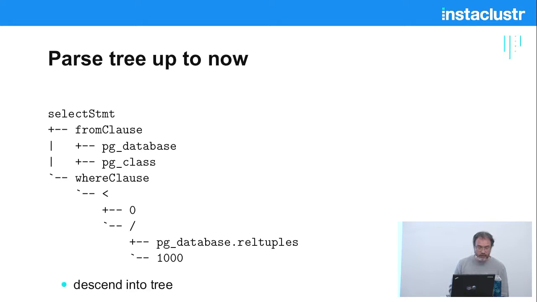At that point, the parse tree looks like this. So far, we've just removed entire subtrees. And now we have to do something more complicated. We have to descend into the tree and try to remove elements in there. So the first thing it does is to walk into the from clause.